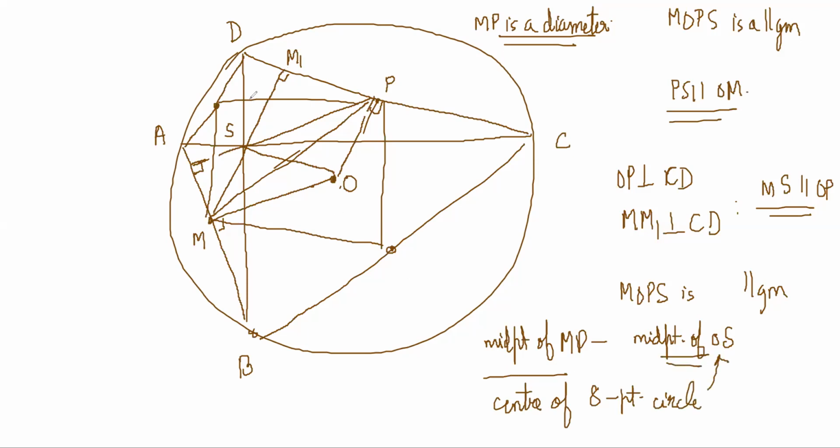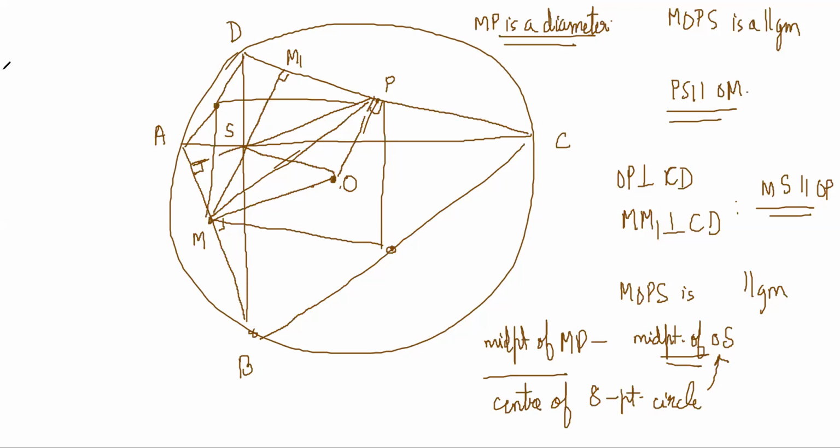So if you draw a proper figure, then it is clear. What I want you to understand from the last three examples, from the 8-point circle at the beginning, then Brahmagupta's theorem, and combining it with this one: the center of the 8-point circle is the midpoint of OS.